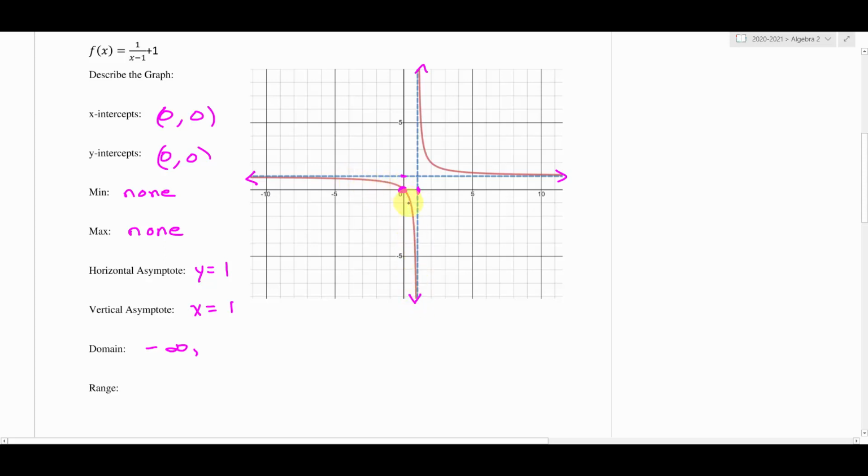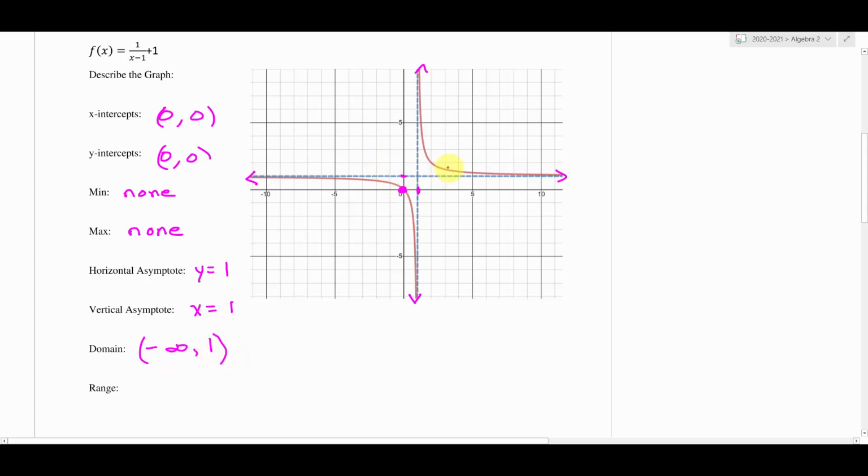It goes as far right as right here, right? It'll get infinitely close, but never touch this vertical asymptote, which occurs at 1. So this is going to go from negative infinity to 1, but we can't actually get to the 1, so it gets a curved parenthesis. Same thing with the negative infinity. It's going to get a curved parenthesis as well.